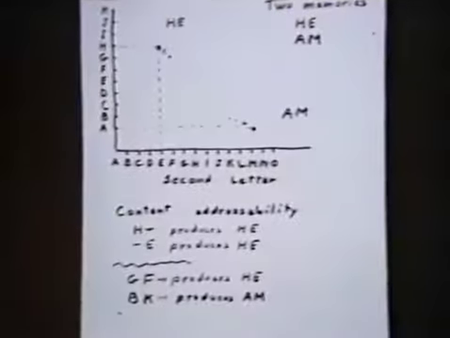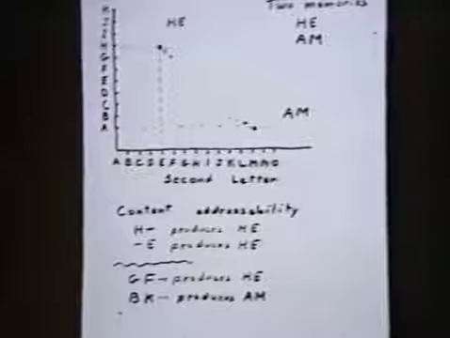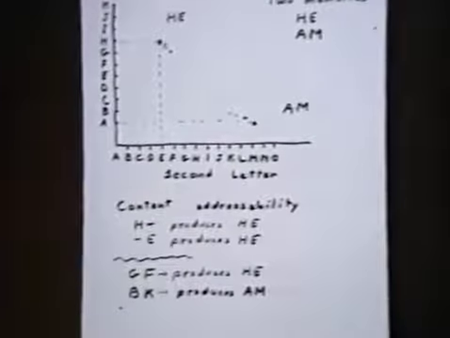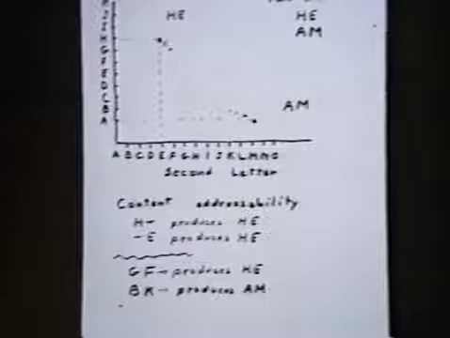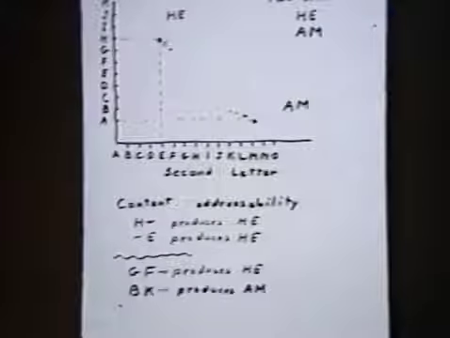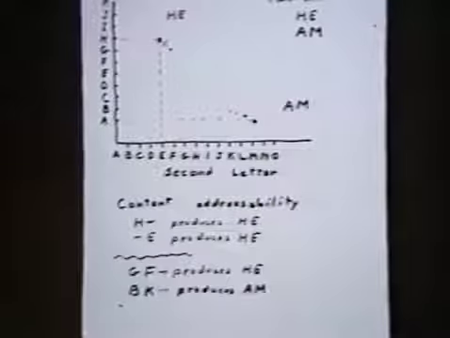Suppose I tried to remember 2-letter combinations. So I've written the alphabet on each axis, and any particular 2-letter combination then is a point in that space. And I could have 2 memories, HE and AM, which are just 2 points in that space, and I could say, those are the things I want to remember.